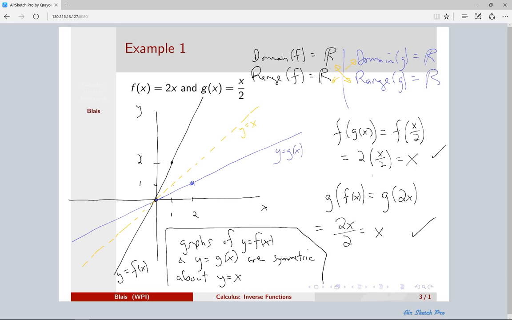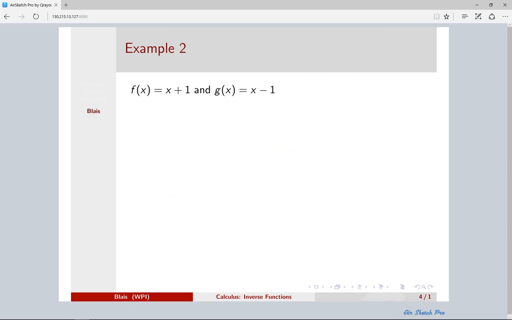If we look at another example, f of x equals x plus 1, g of x equals x minus 1. And again, we can see here that the domains and ranges are all the real numbers. And again, if we graph them, y equals x plus 1.